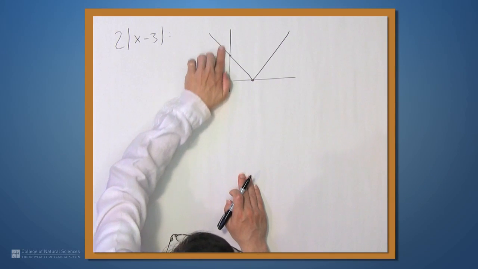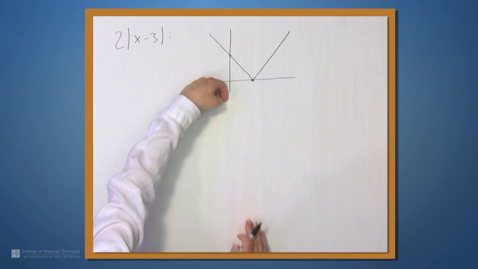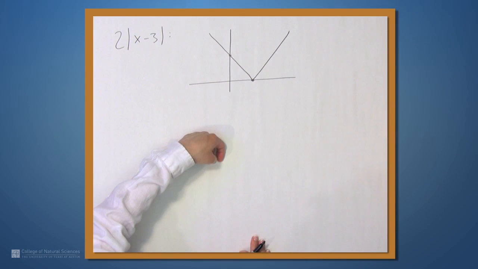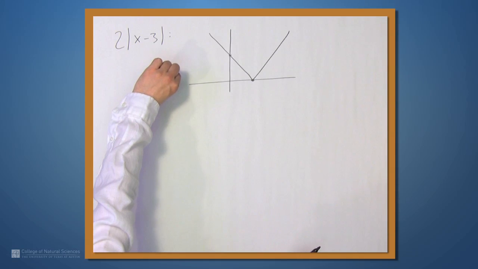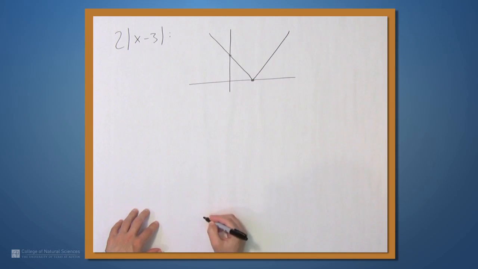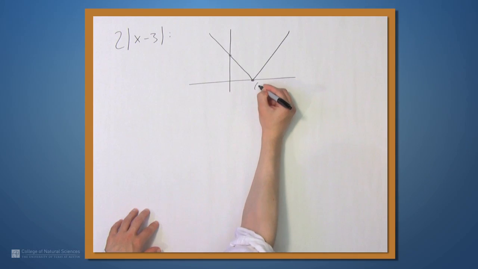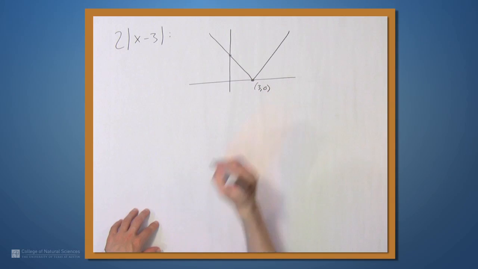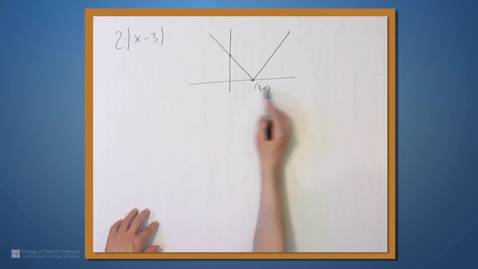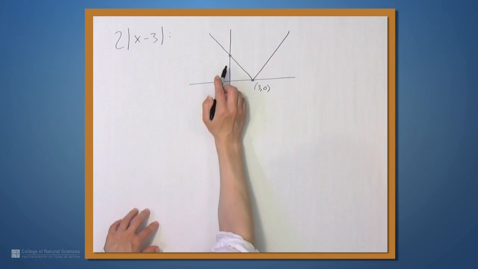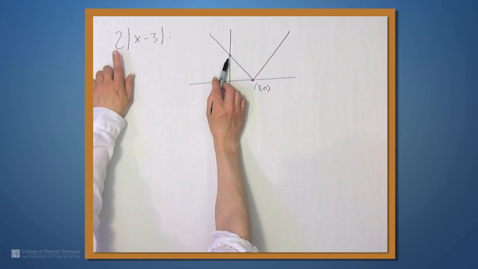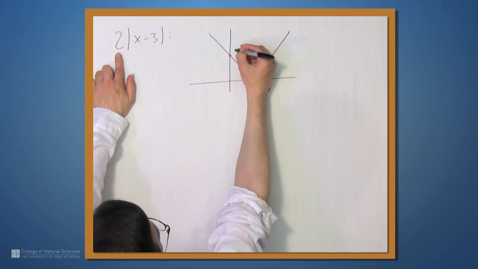The positive part you're stretching up by a factor of 2, and the negative part you're stretching down by a factor of 2. Right? You're just pulling the y-axis in both directions. So this point here, this guy, is still (3, 0). Right? Points along the x-axis haven't changed. But now this thing, which used to be (0, 3), is now (0, 6) because of this 2.